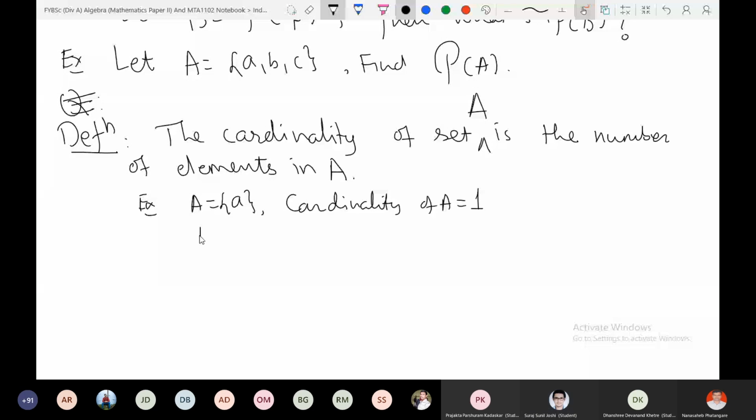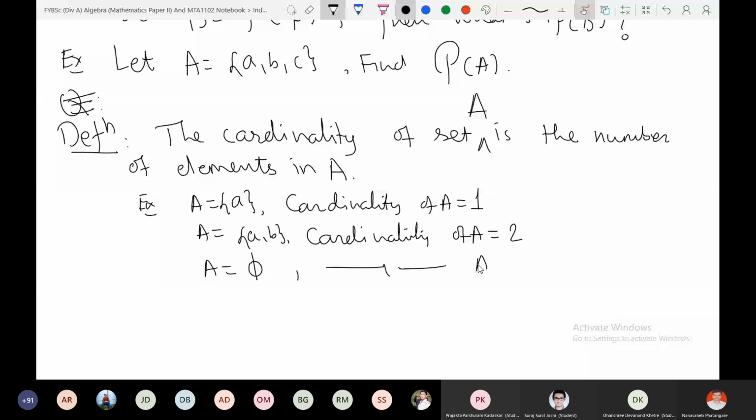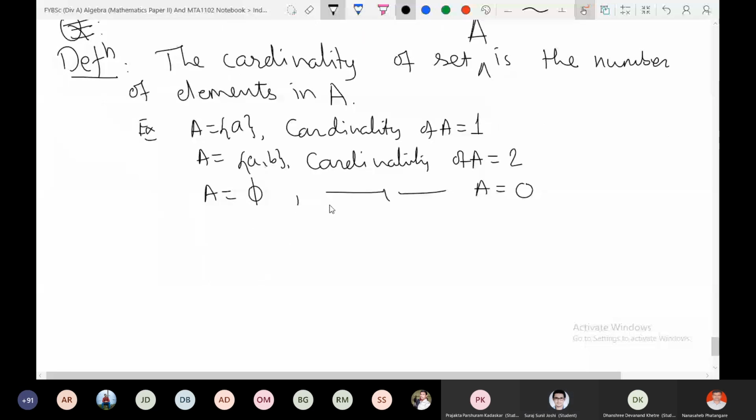If A has 2 elements, then the cardinality is 2. If A is the empty set, then what is the cardinality of A? 0. Very good.